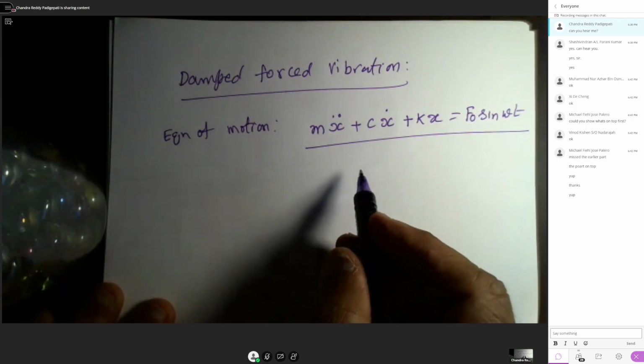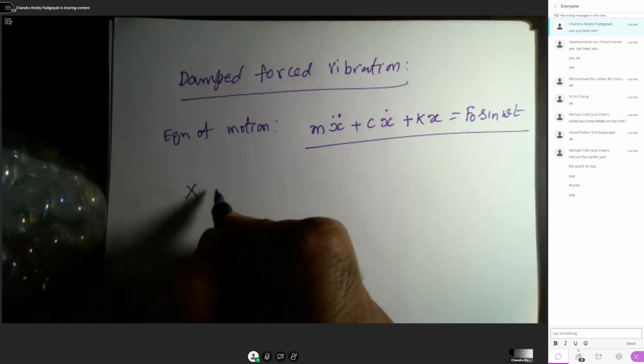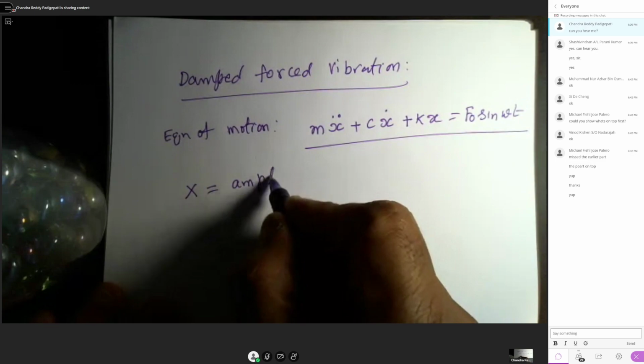We can write x as the amplitude of the forced vibration.